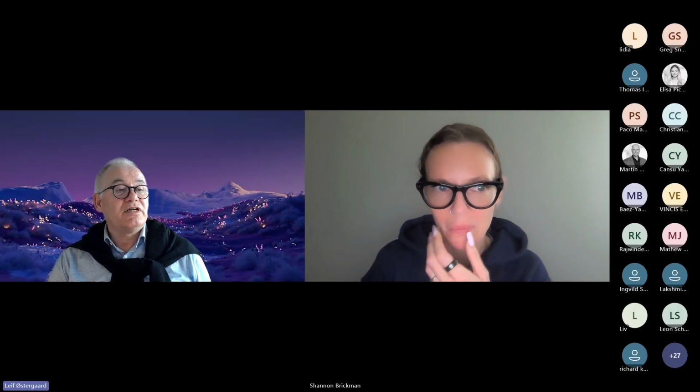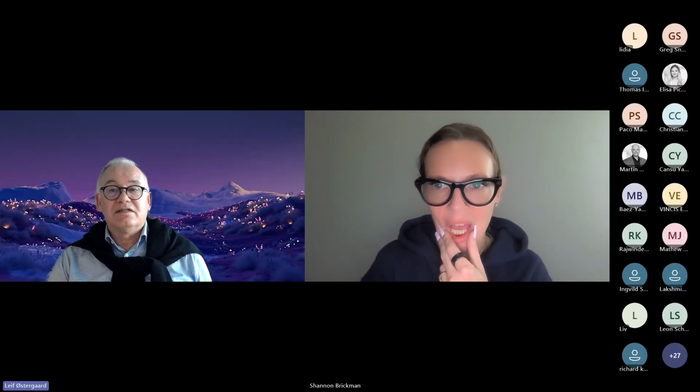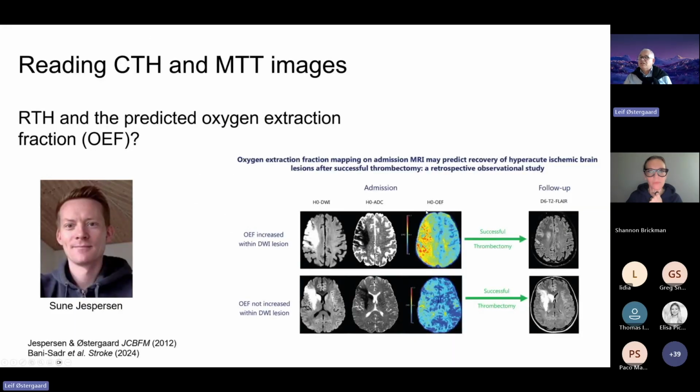I wasn't very good at sharing my screen before, but these maps, the OEF maps, they summarize in a very nice way how the blood flow and the transit time heterogeneity, how they combined affect oxygenation. So this high OEF is very visible compared to the other side. And of course you could say, oh, but it looks normal down here.